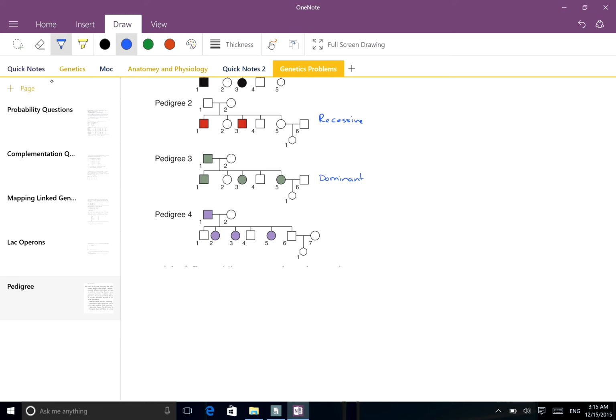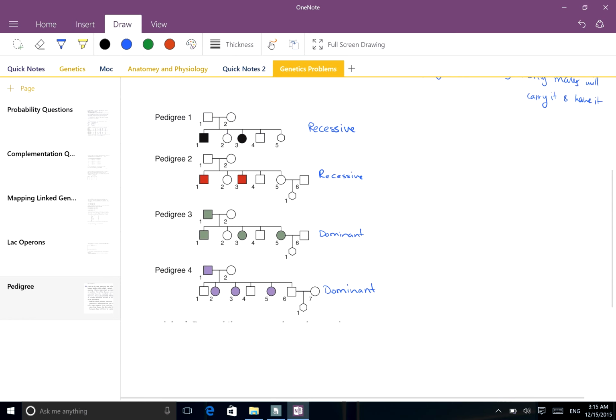Same thing with this one, it's dominant. Okay, so I figured out whether it's recessive or dominant. Then I'll look at the patterns. For the first one, I can see that both males and females are affected equally. So this is autosomal.